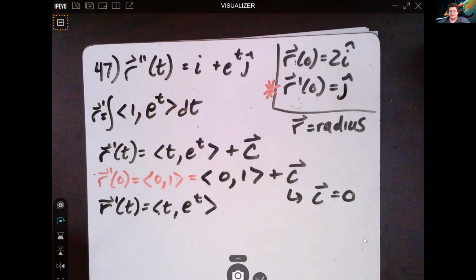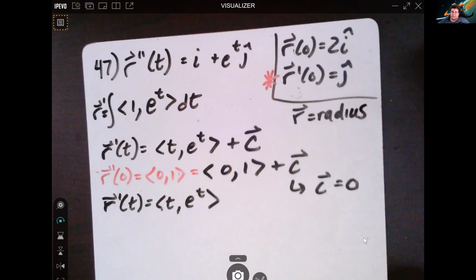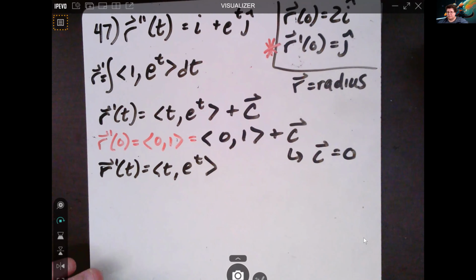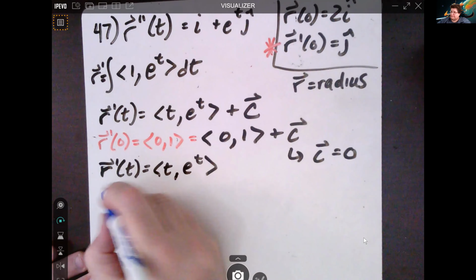I'll go back and edit these values in a second. We'll change our initial conditions and see how that changes this. Make sure everyone's on the same page. Now, if I want to integrate again, I could get my position vector.